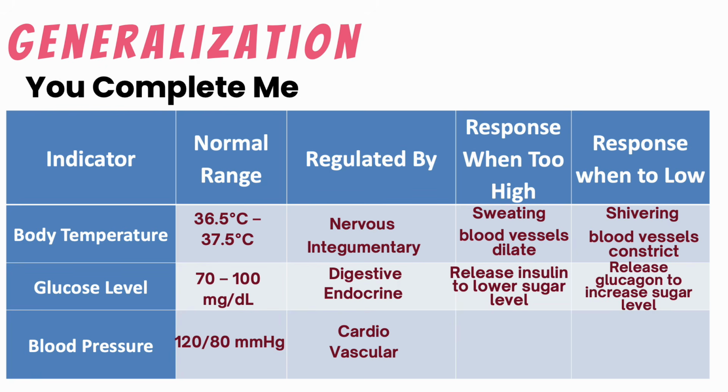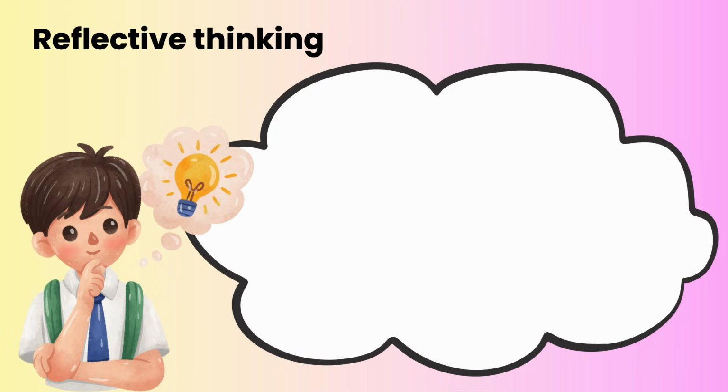It is regulated by the cardiovascular system. If it's too high, the heart slows and the vessels dilate. When it's too low, the heart speeds up and the vessels constrict. Again, answer this on one whole sheet of paper.